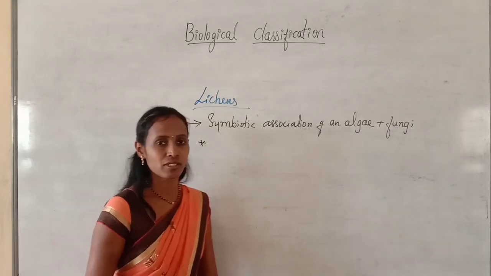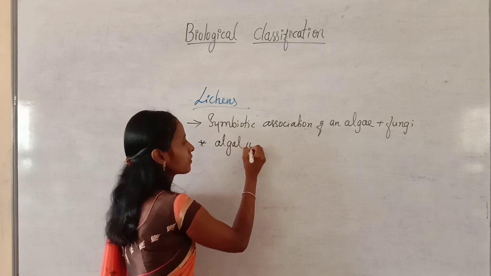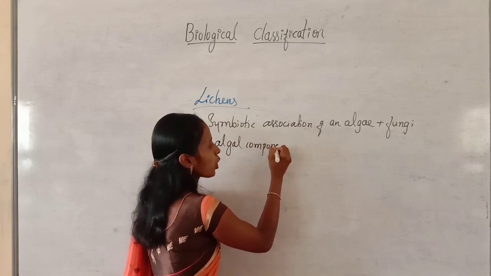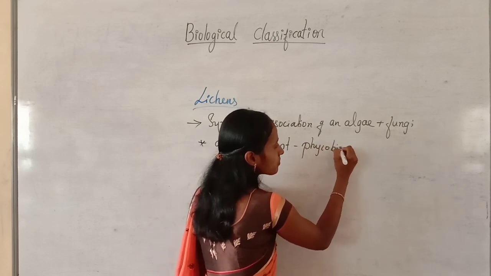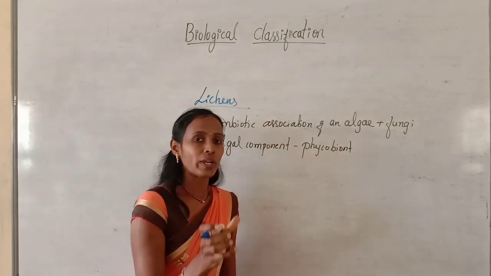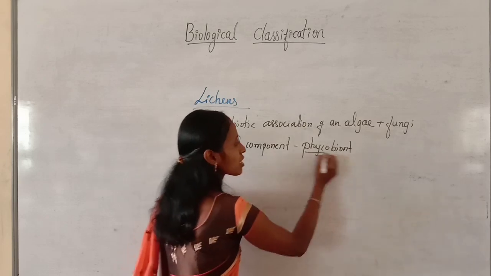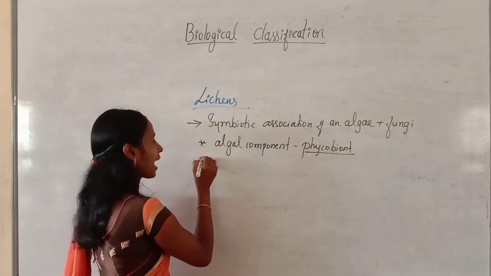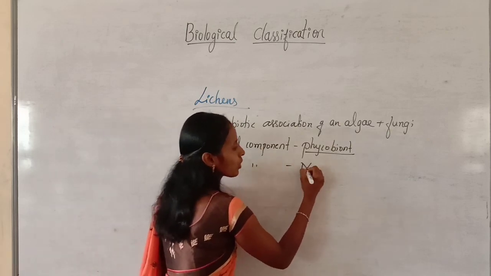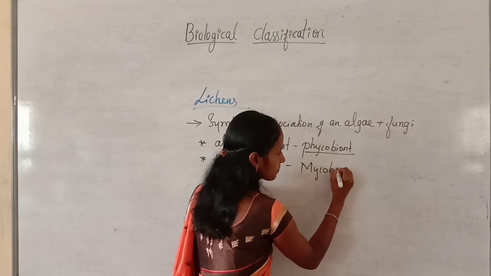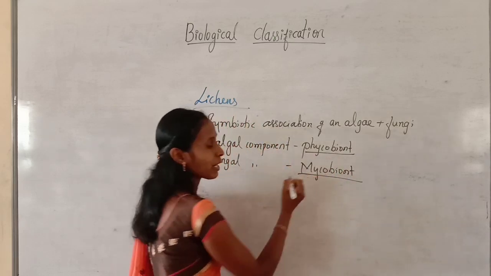In the lichens, the algal component is called phycobiont. Whatever the algal component present in lichens, it is called phycobiont, and the fungal component is called mycobiont. So why have they given the names phyco and myco?